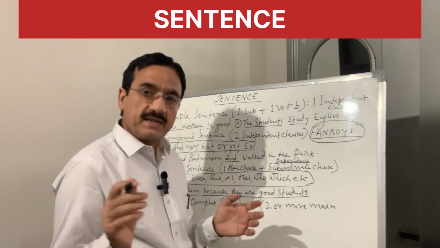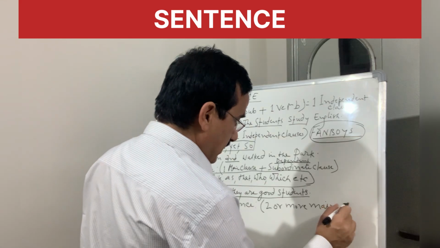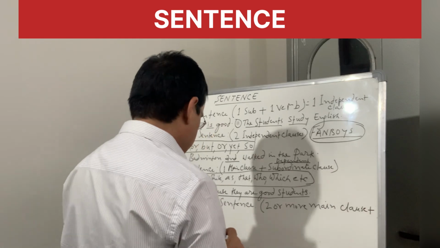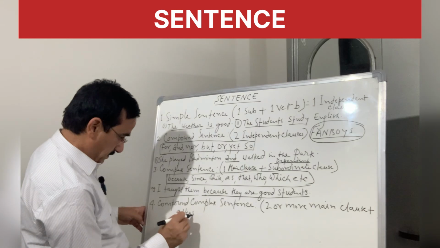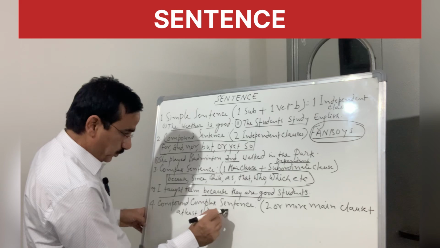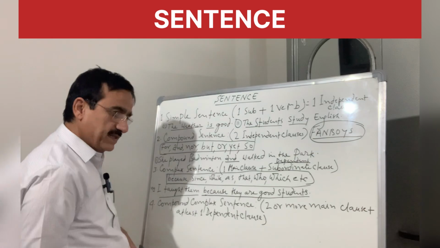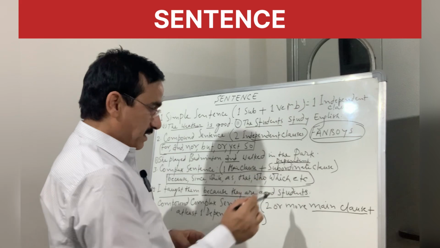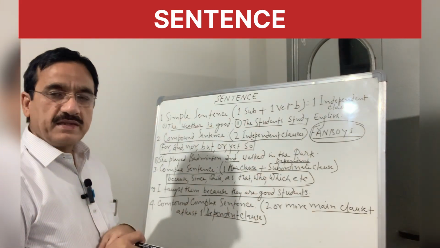I think by now you understand that a main clause is also called independent clause. Two or more main clauses plus at least one subordinate clause, that is one dependent clause. Just as a main clause is also called independent clause, likewise a dependent clause is also called subordinate clause.